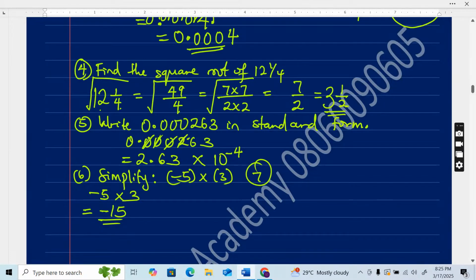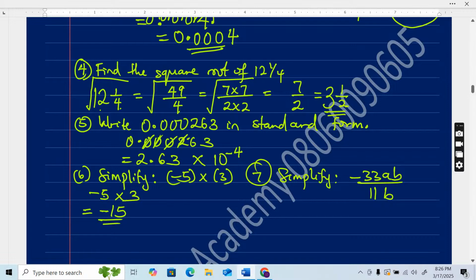My number 7 will be right here. Let us simplify this expression: -33ab divided by 11b. This is also an algebraic fraction that you can simplify.